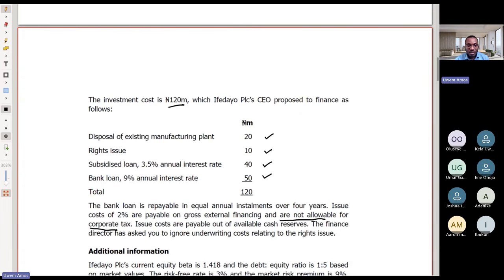So basically it means that they don't have to look for where to get the money to pay the issue cost. They will just pay it out of available reserve. They have a cash reserve that they would use for that purpose. Very important information. The finance director has asked you to ignore the underwriting cost relating to the rights issue.